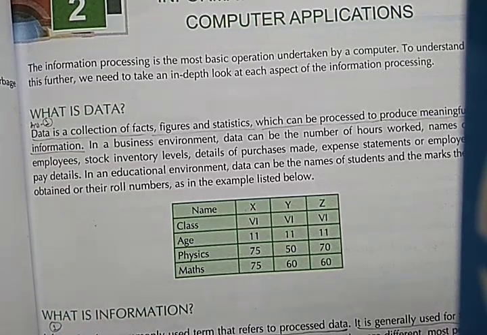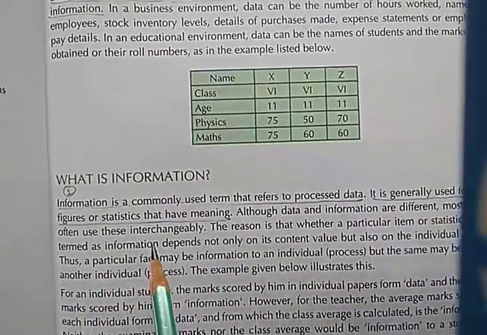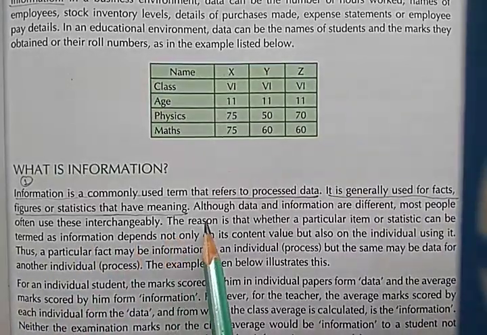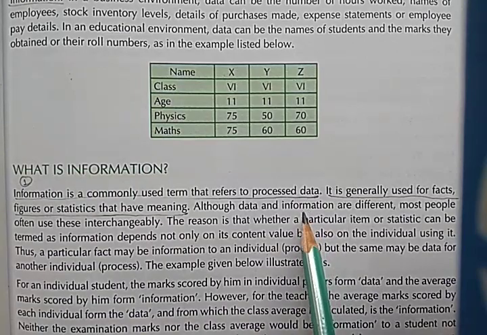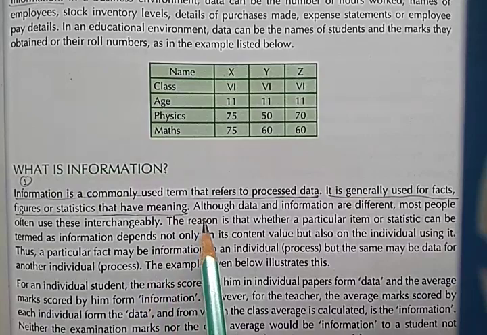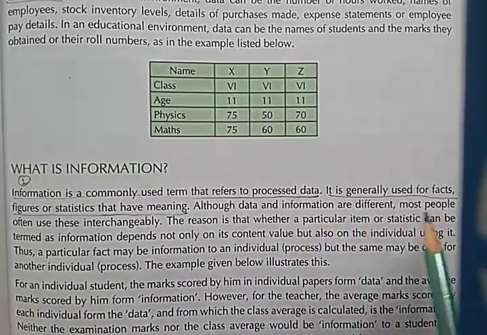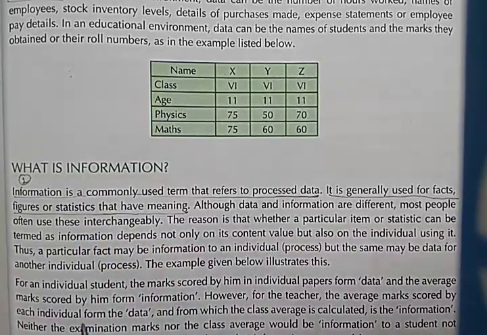And now, about information. What is information? Information is a commonly used term that refers to processed data. It is generally used for facts, figures or statistics that have meaning.